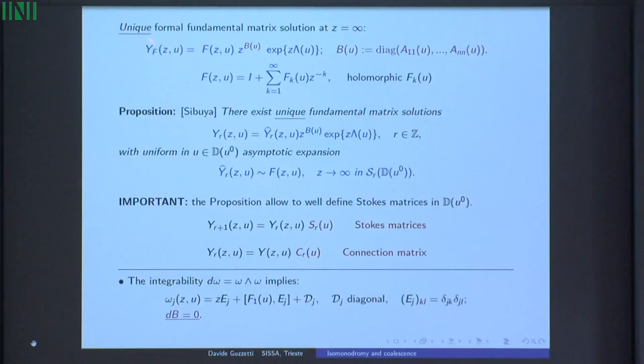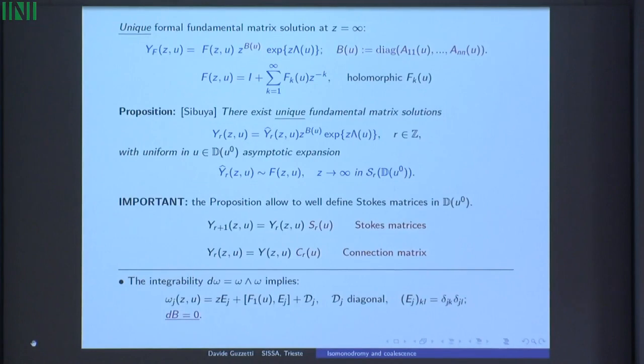First of all, you can solve our system formally. This is a formal solution. The structure is an exponential part with the matrix Lambda. There is a log part where B is a matrix with entries given by the diagonal part of A, and F is a series at infinity.